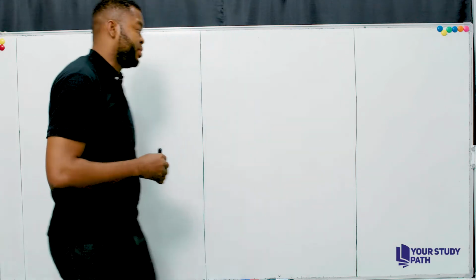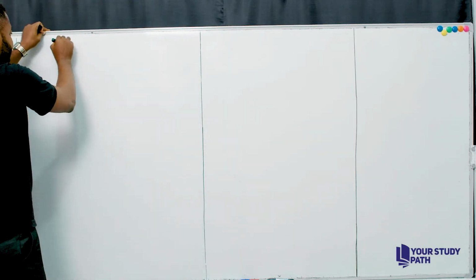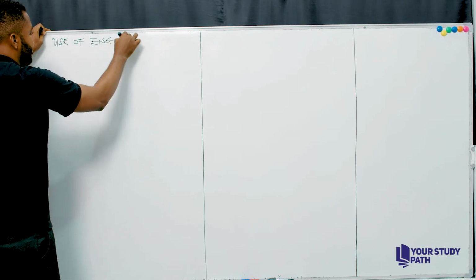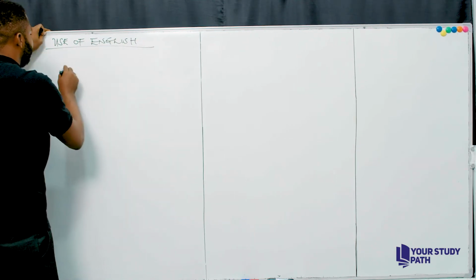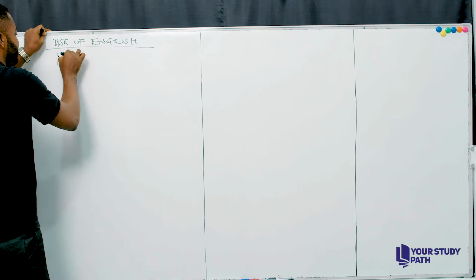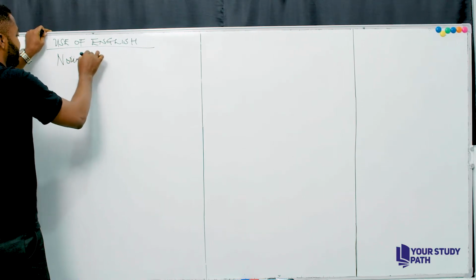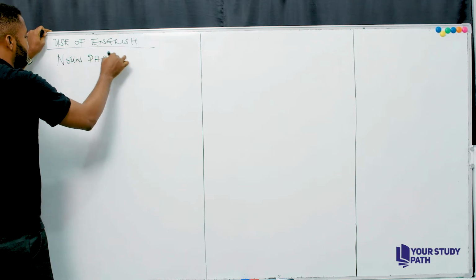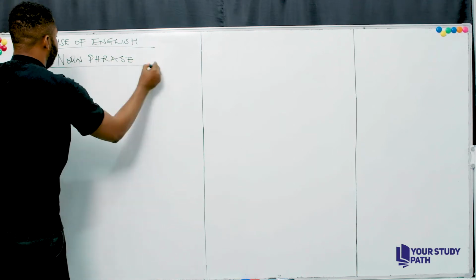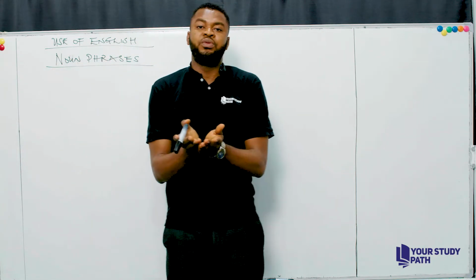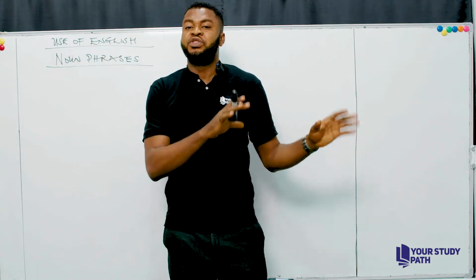I told you that a noun phrase, okay, so we have use of English, and we're looking at noun phrase. I told you that a noun phrase refers to a group of words which performs the function of a noun.